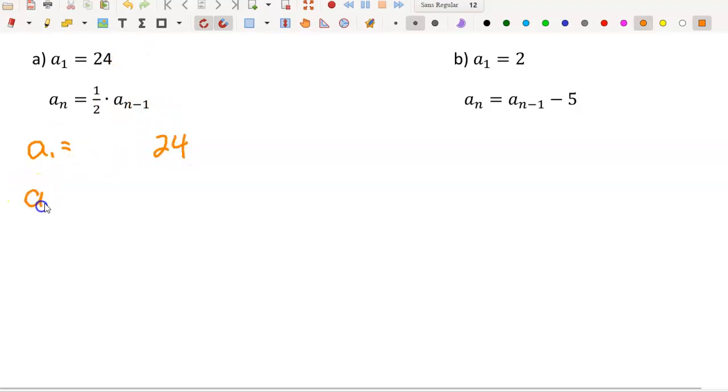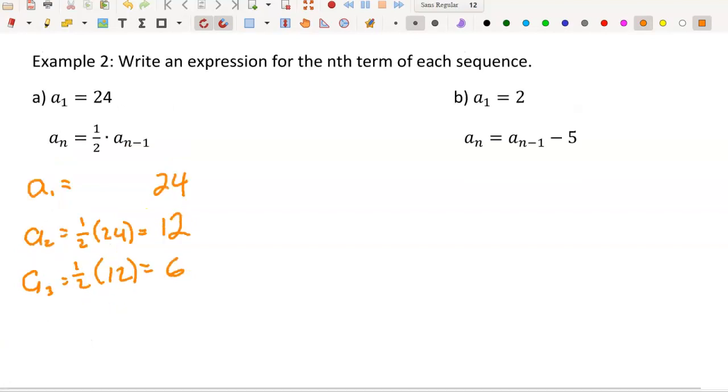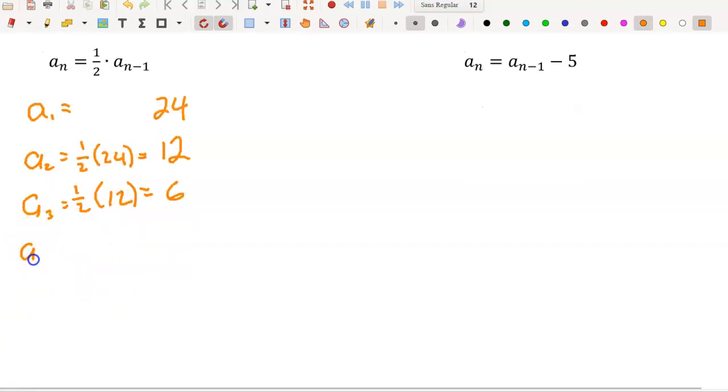Okay? But for the most part, it's easier just to say, well, the first term is 24. My second term is going to be half of the previous term, which was 24. Then my third term, right, it's going to be half of the previous term, which is 12. So we can keep this going as long as we need to.